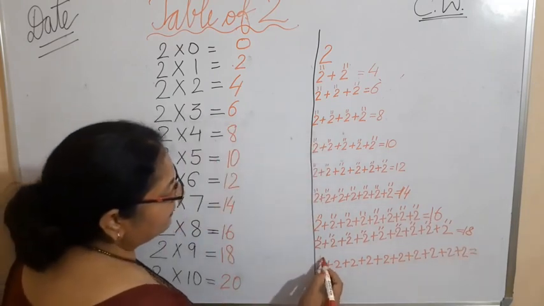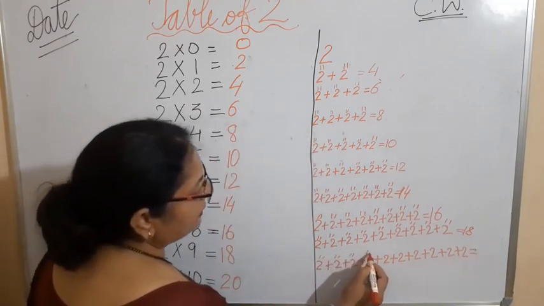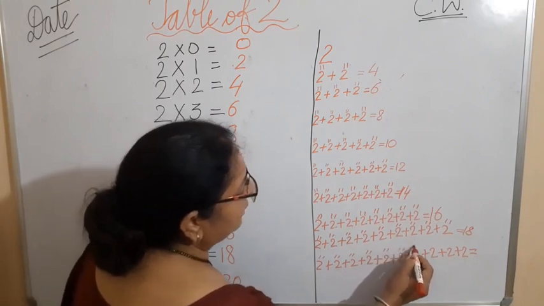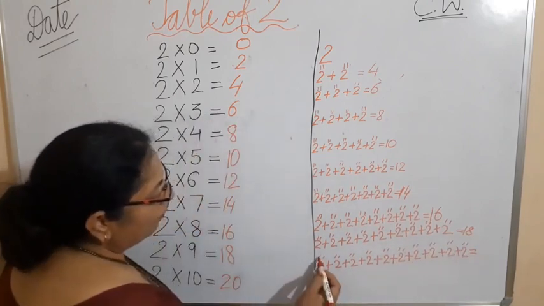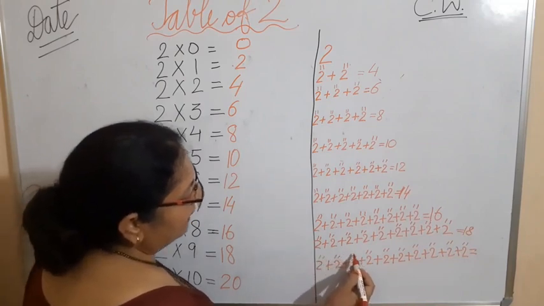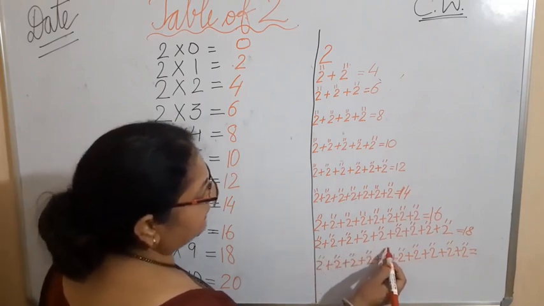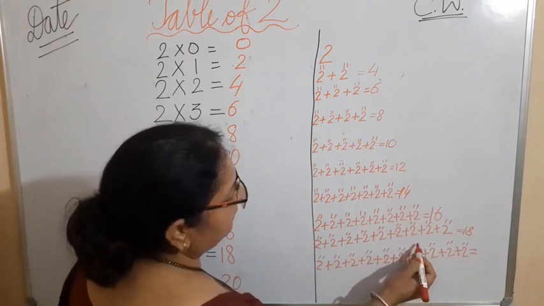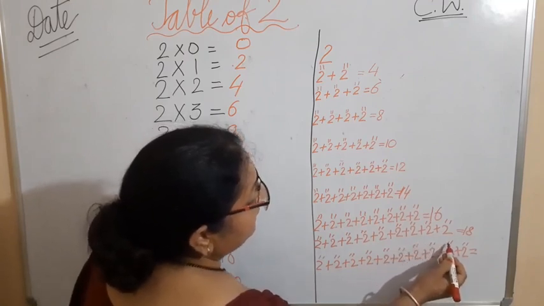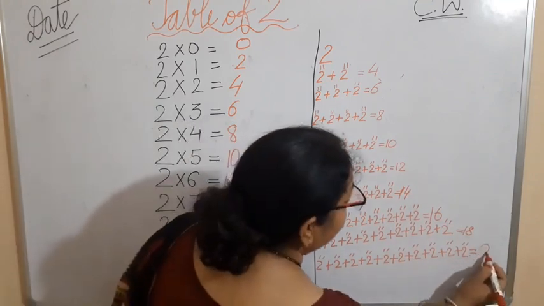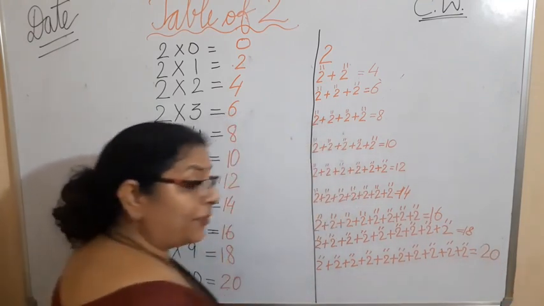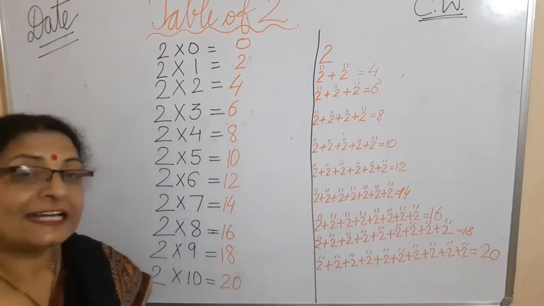And put the lines similarly and count it all together and you will get your answer. Is it clear, students? 1, 2, 3, 4, 5, 6, 7, 8, 9, 10, 11, 12, 13, 14, 15, 16, 17, 18, 19, 20. Did you understand, students, how you will write the table?